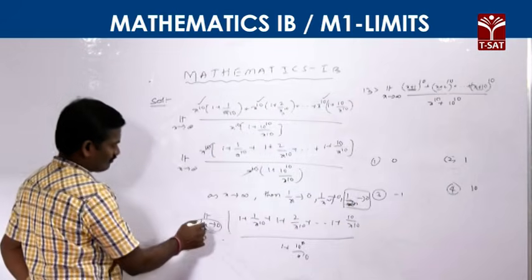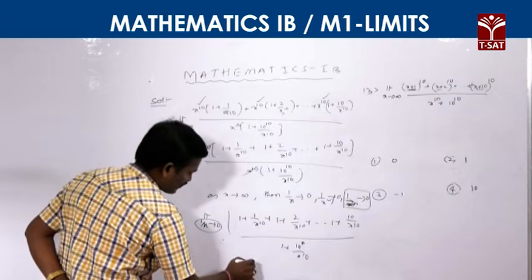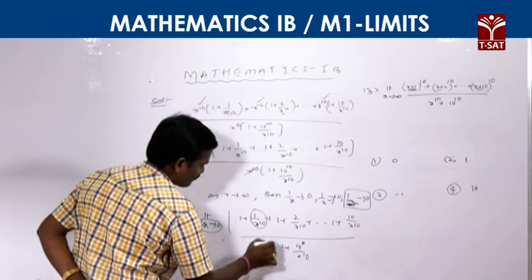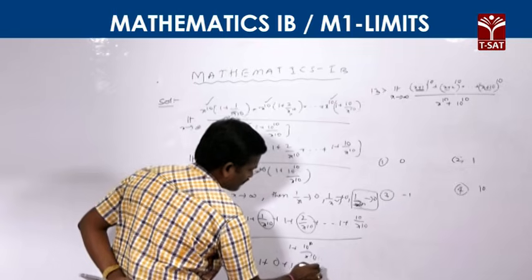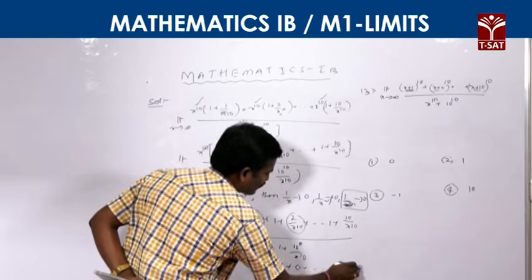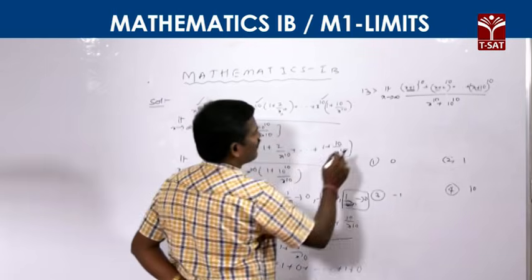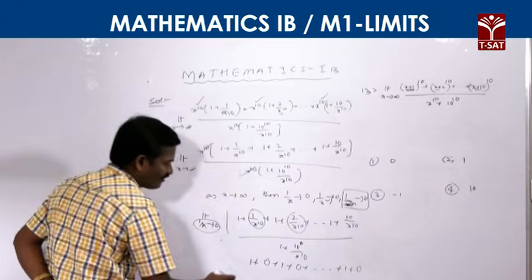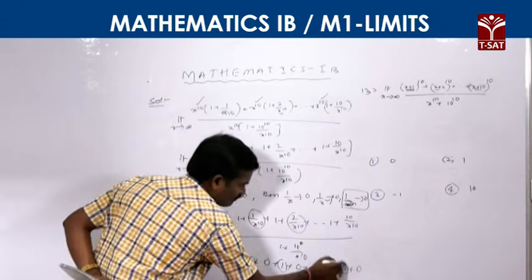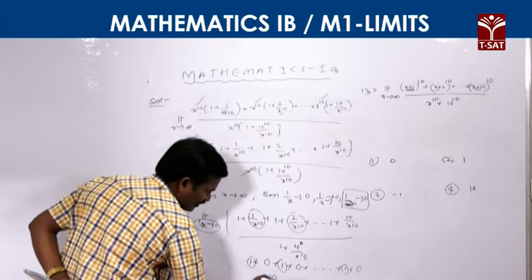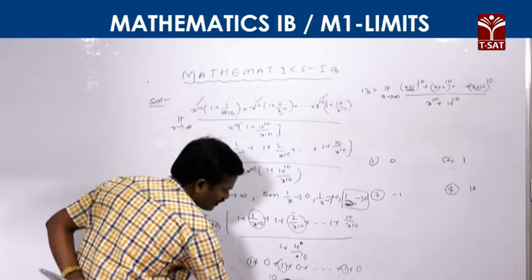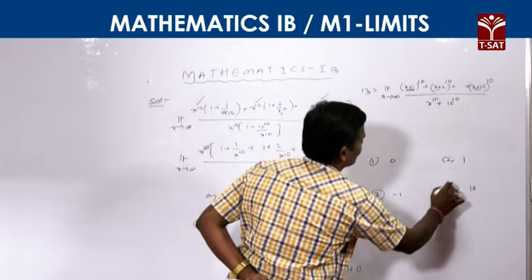So here each 1 by x term is 0, giving 1 plus 0, plus 1 plus 0, and so on up to 1 plus 0. How many terms do we have? 1, 2, 3 and so on, 10 terms. In every case it is 1, 1, 1. So in the numerator 10, in the denominator 1 plus 0. So the answer is 10. So the answer is the fourth option.